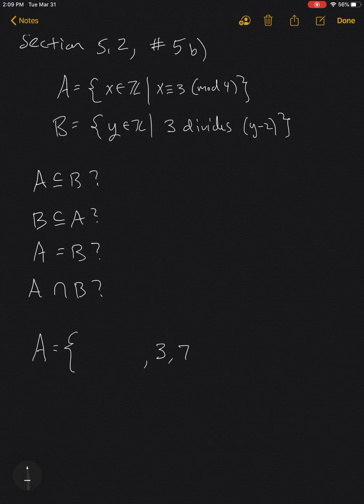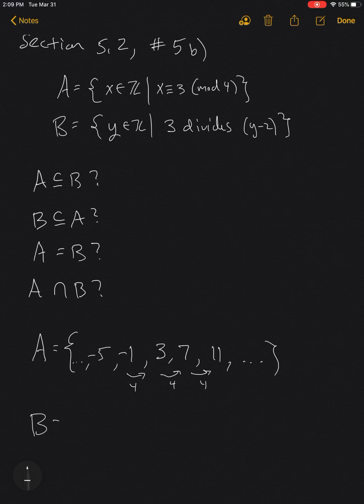If I go down by 4 units, I'll also have that property. So negative 1. And we come up with a list. Each number differs by 4. So we're adding 4, or subtracting 4 if we move to the left.